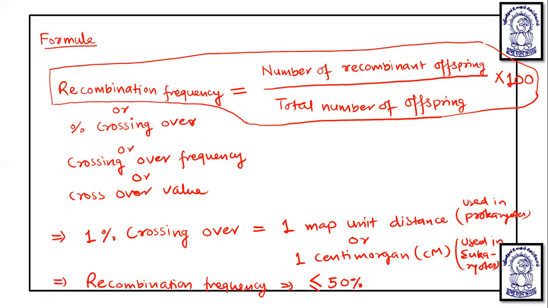So if we see the distance between particular genes, let's talk about some examples.